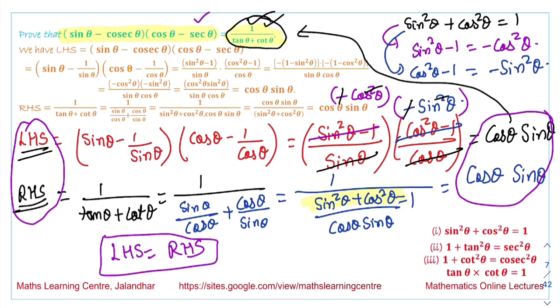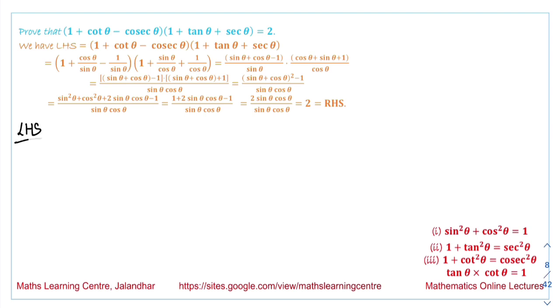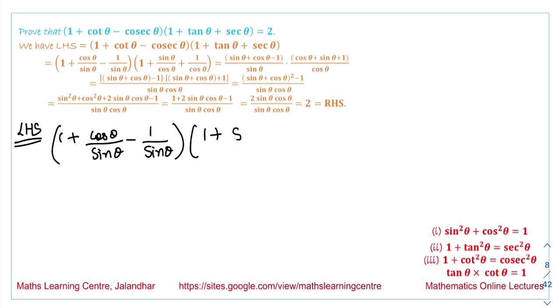Next is prove that (1 plus cot theta minus cosecant theta) into (1 plus tan theta plus secant theta) is equal to 2. We start with the left hand side, and it is (1 plus cos theta over sin theta minus 1 over sin theta) into (1 plus, in place of tan theta we can write sin theta over cos theta, plus 1 over cos theta).